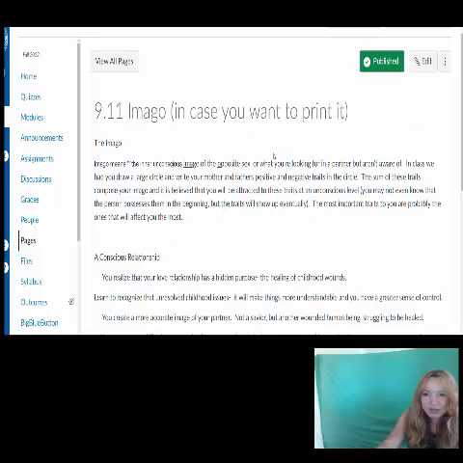Then you write your mother's positive traits and your father's positive traits. You put your mother's positive traits in the top and your father's positive traits in the bottom, and then you put your mother's negative traits and your father's negative traits on there.